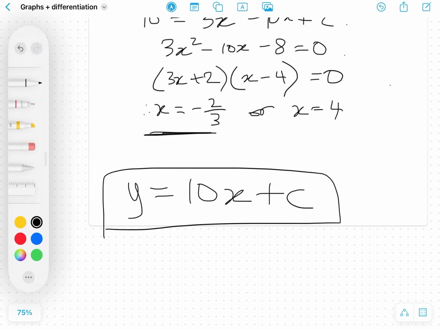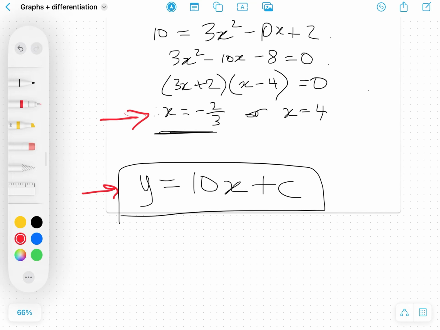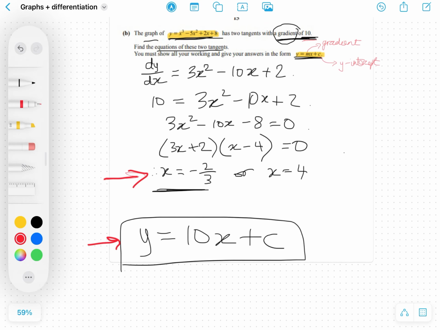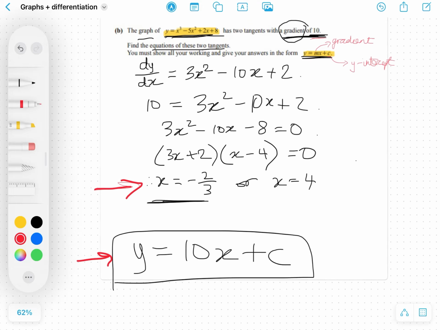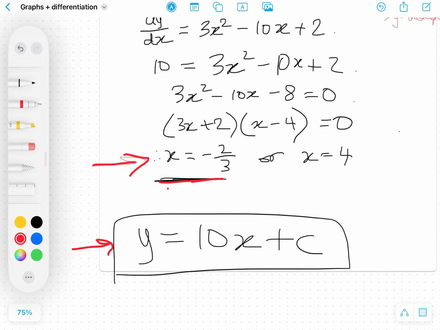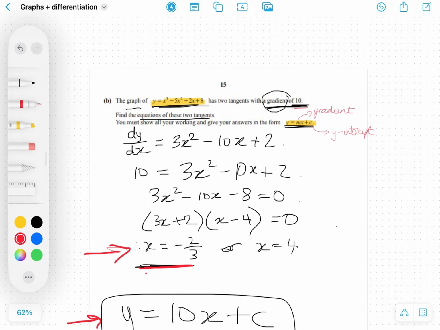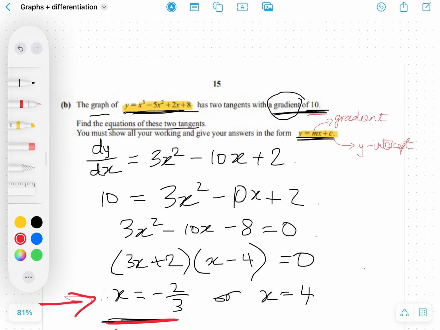So now that we have these two pieces of information, firstly we need to find the y value of the corresponding x value. So when x is equal to negative 2/3, what is y? To do that, all we need to do is substitute it back into the original equation, which is this one right here.